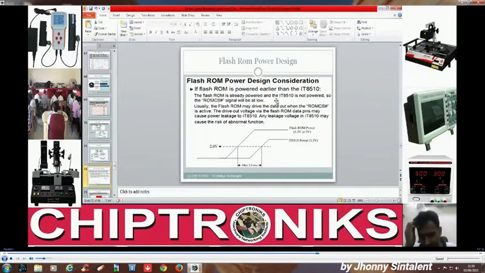Well, this is a kind of analysis for those who want to build a notebook motherboard. So I'm not going into this detail, but there is one situation, like if the flash ROM is powered earlier than IT8510.